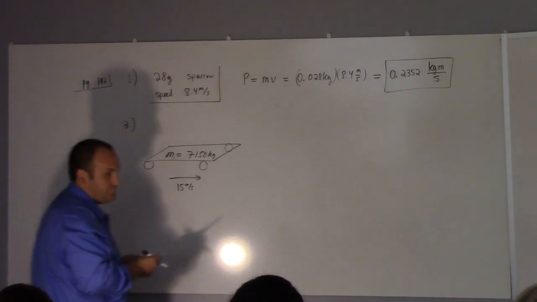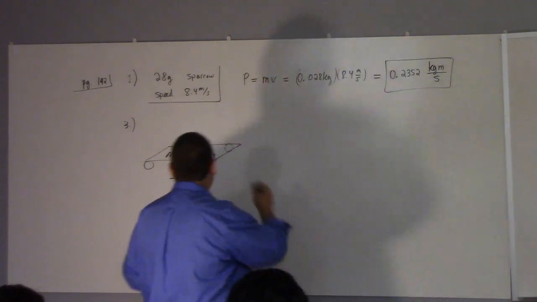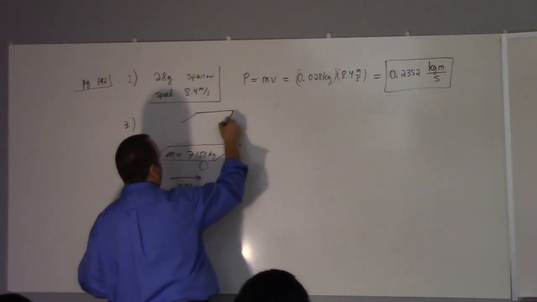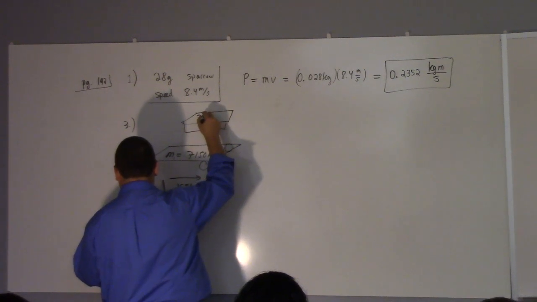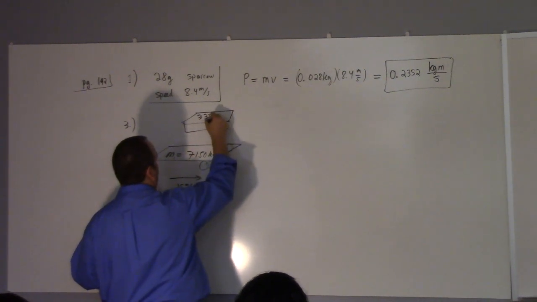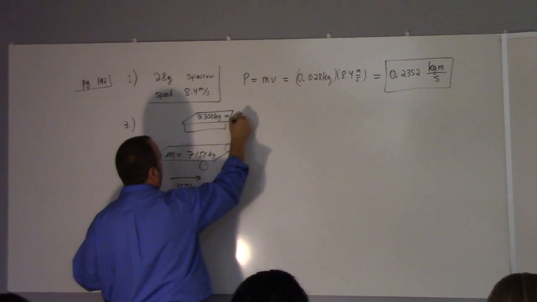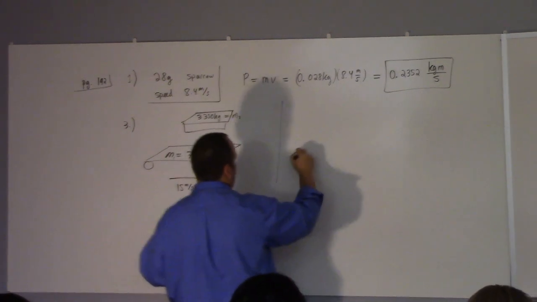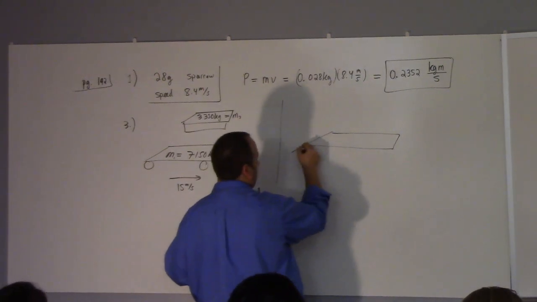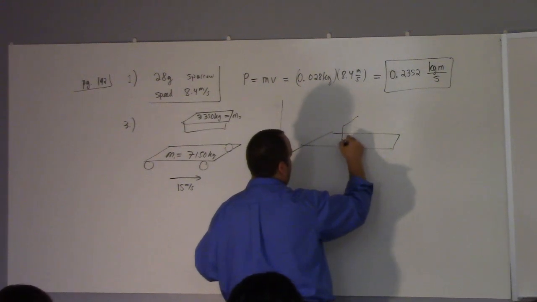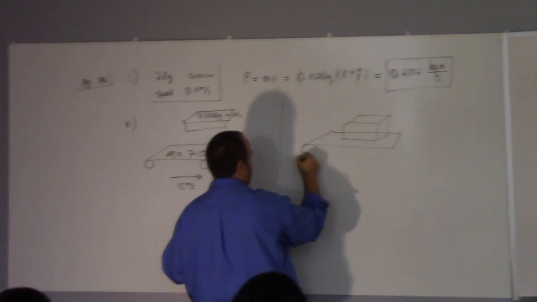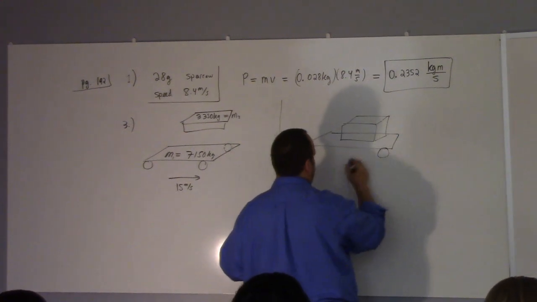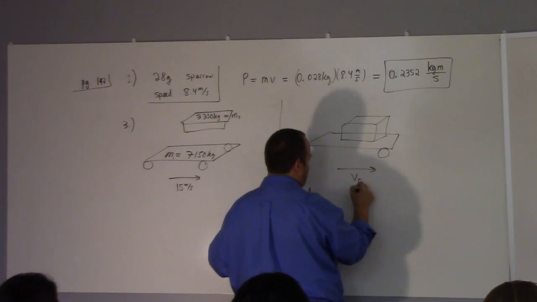All right, so here's before. The load is 3,350 kilograms; let's call that M2. Afterwards, we have the railroad car and the load on top of the car, like so, with final velocity VF.